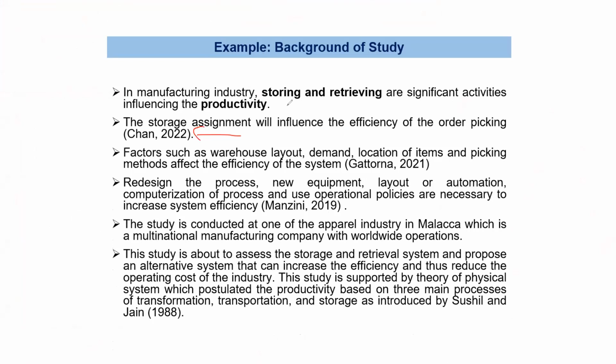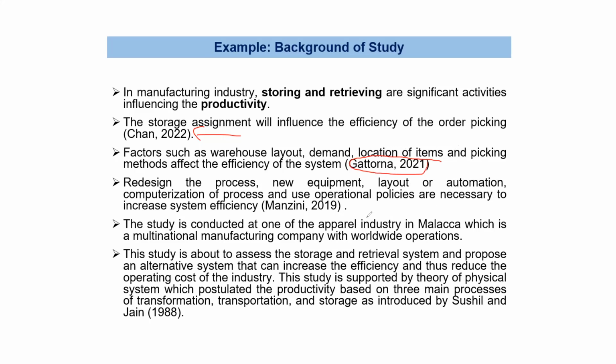Factors such as warehouse layout, demand, location of items, and picking methods affect the efficiency of the system. Also recent literature: redesigning the process, new equipment, layout or automation, computerization of process, and operational policies are necessary to increase system efficiency.